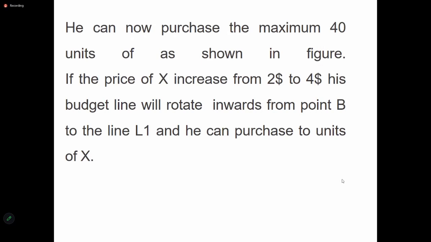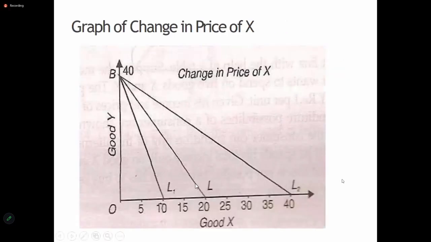If the price of X increases from 2 to 4, what will happen? Vice versa: if the price increases, the quantity demanded should decrease. Then it reaches L1.